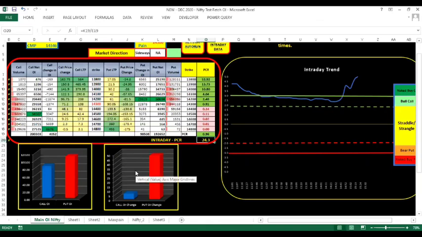The right hand chart indicates the intraday changes which are happening, and we see the number of puts written are much higher than the number of calls during the day. Again, this is also indicating that the market is a bit bullish during the day.